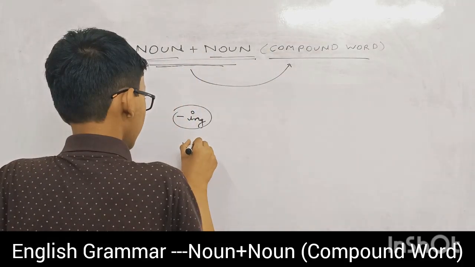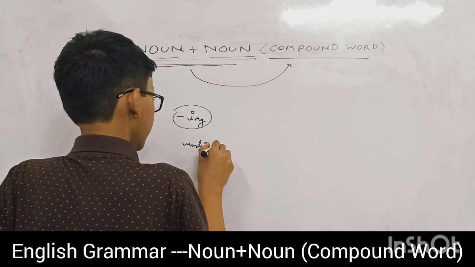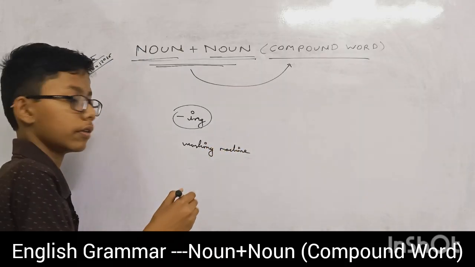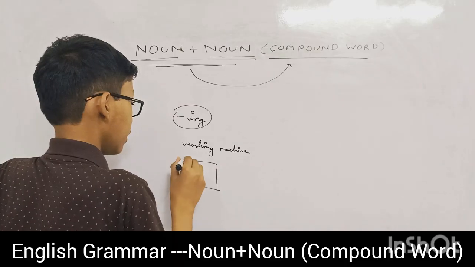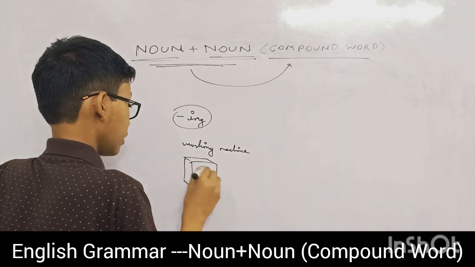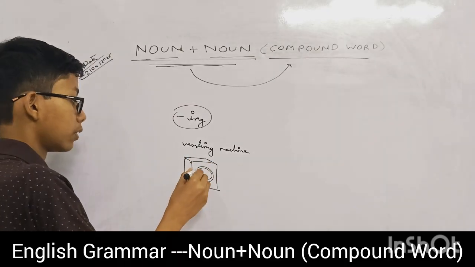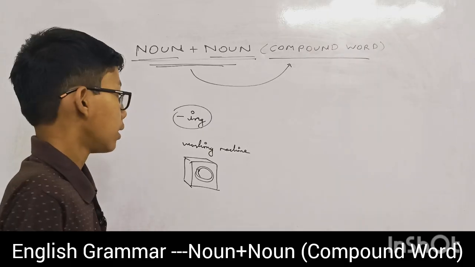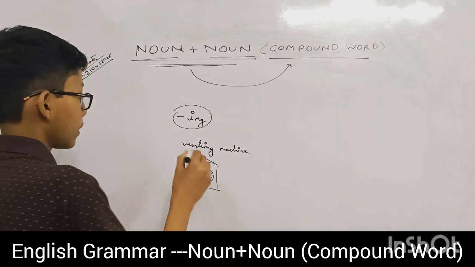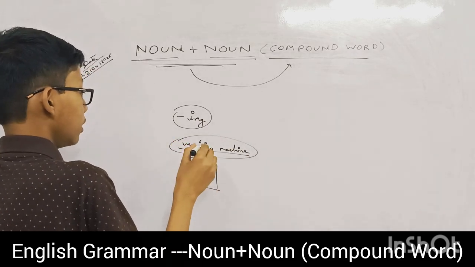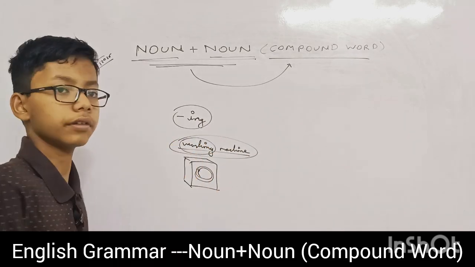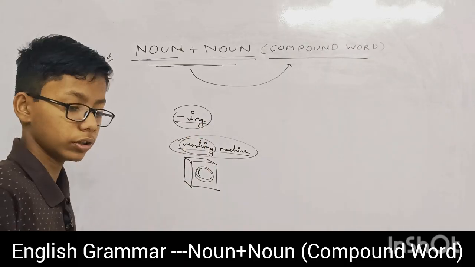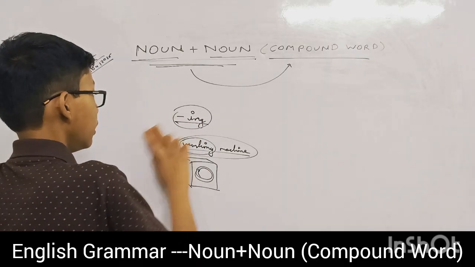For example, washing machine describes the machine that can be used to wash our clothes or anything which is dirty. Washing describes an action and it ends with ing. Pretty simple.